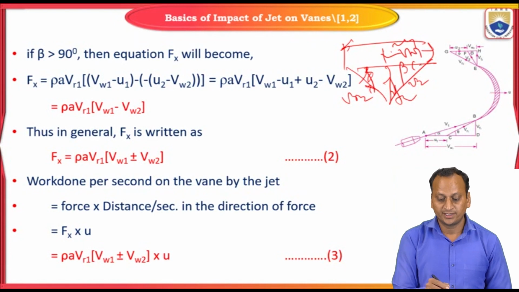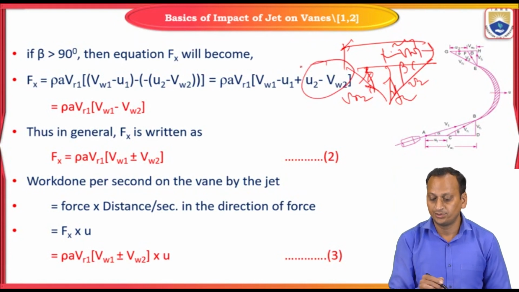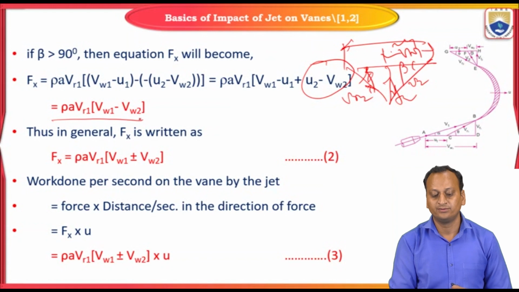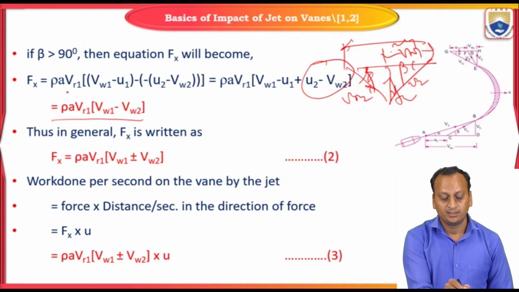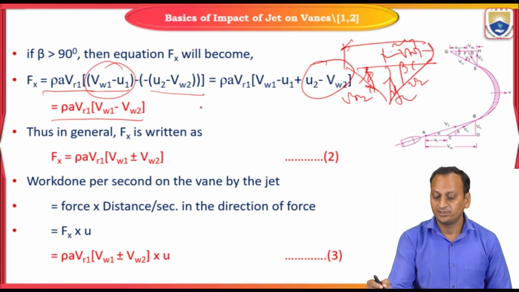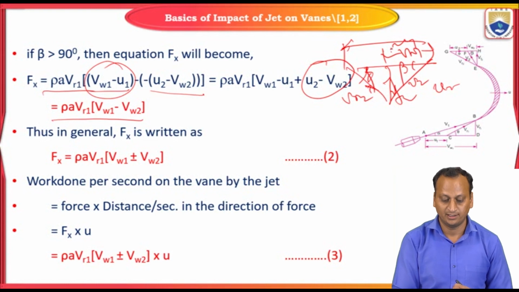Therefore, here we can see U2 minus VW2 is the outlet velocity component. So rho A VR1 into (VW1 minus VW2). After applying initial velocity minus final velocity, we have derived VW1 minus U1, but when beta is greater than 90, it will be U2 minus VW2 from this velocity triangle.